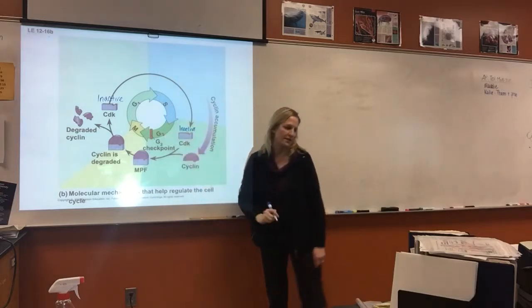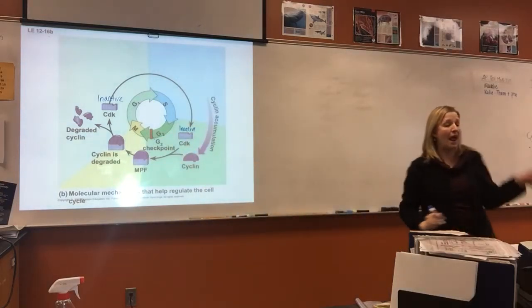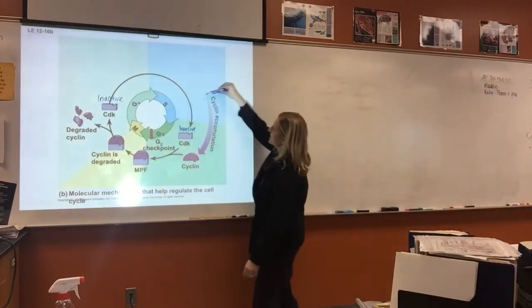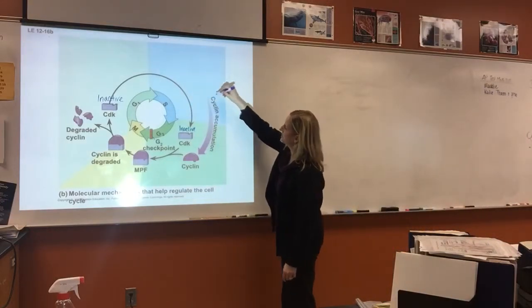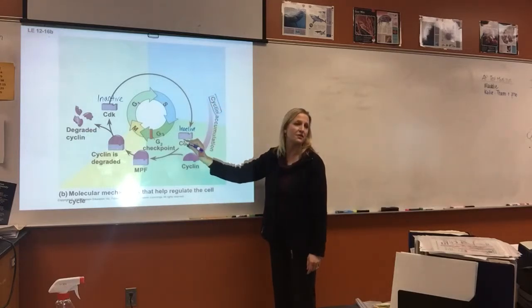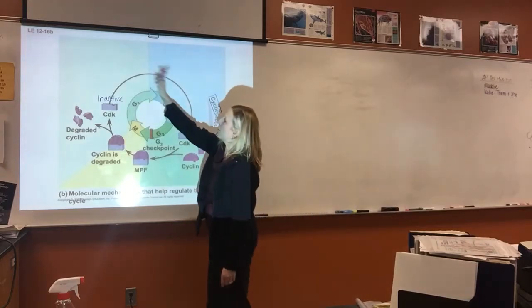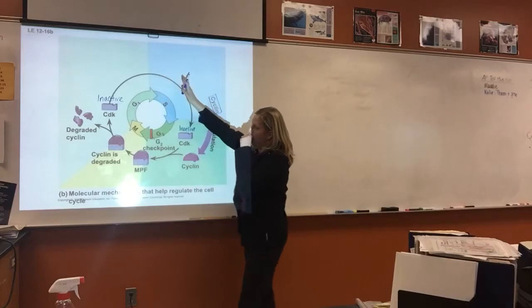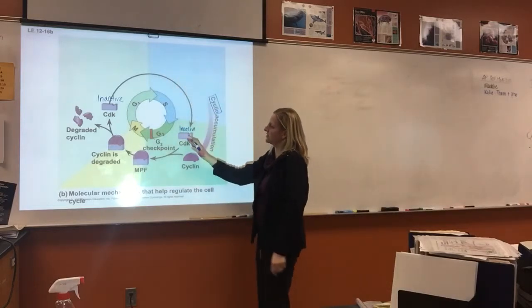into the G2 phase. But what happens starting in the S phase is this other molecule, cyclin. Remember this CDK stands for cyclin-dependent kinase. So here in the cell, we didn't have cyclin, and so this is an inactive CDK.